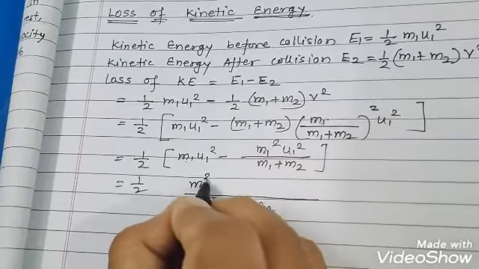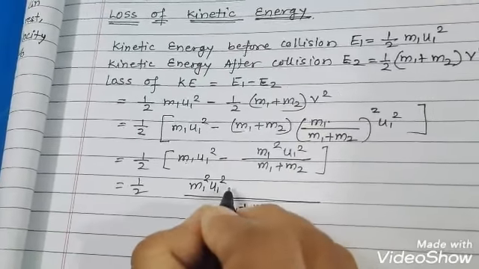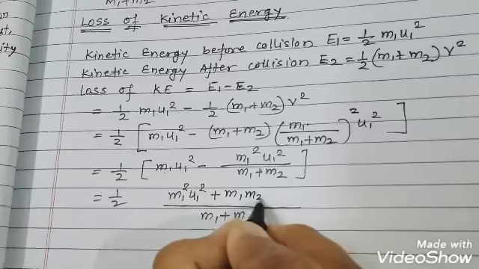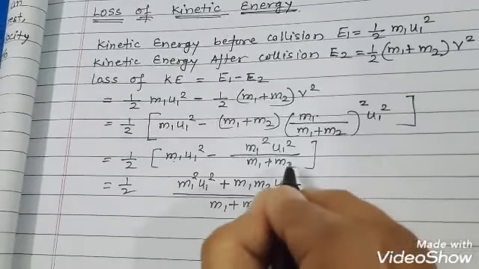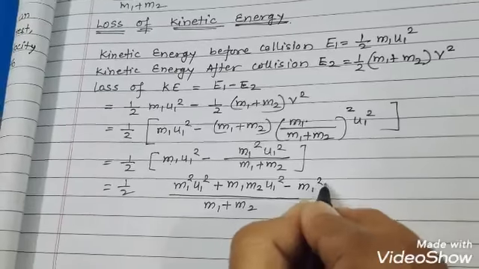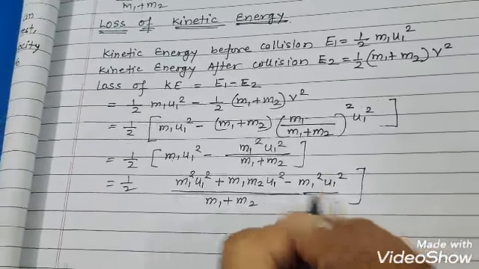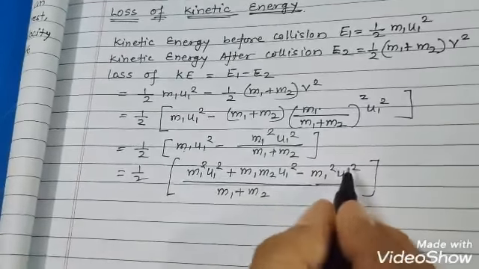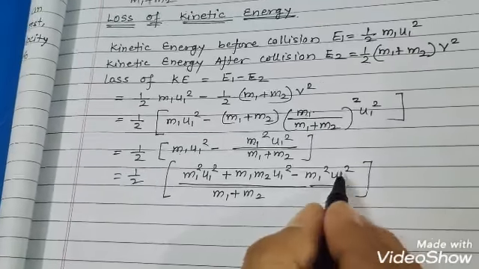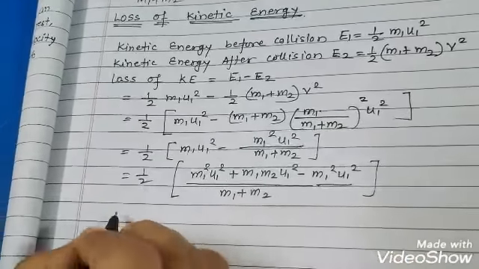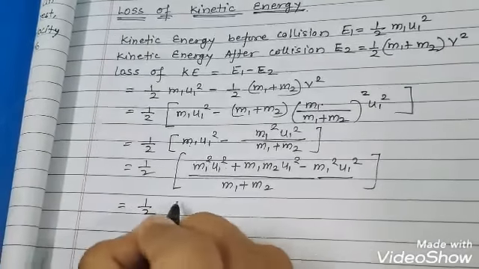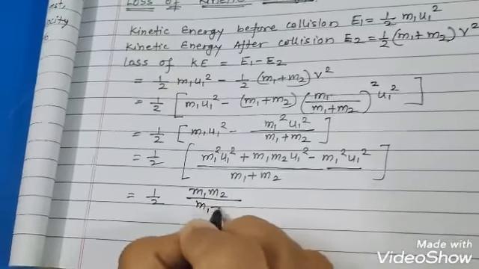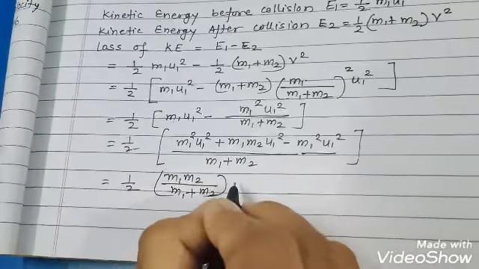It will become m1 square u1 square plus m1 m2 u1 square minus m1 square u1 square. So these two terms will cancel out each other, and it will become half. Remaining here is m1 m2 upon (m1 plus m2) u1 square.